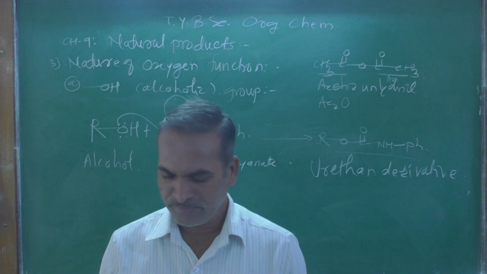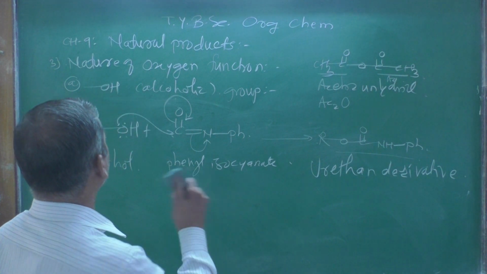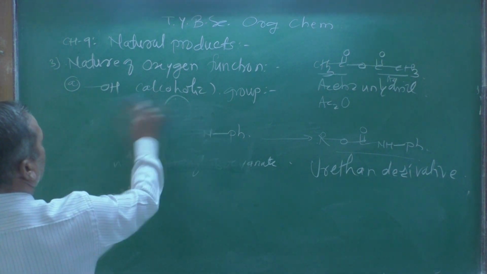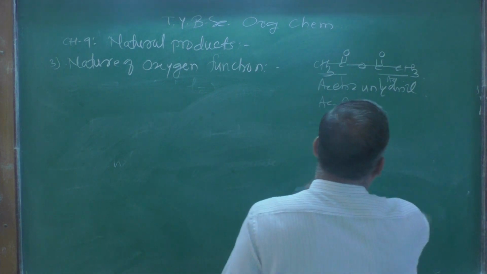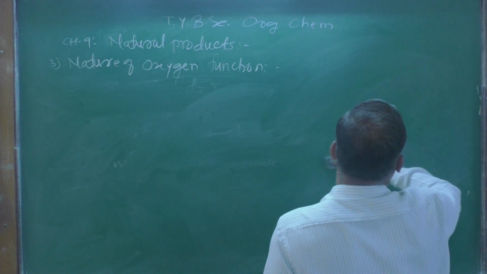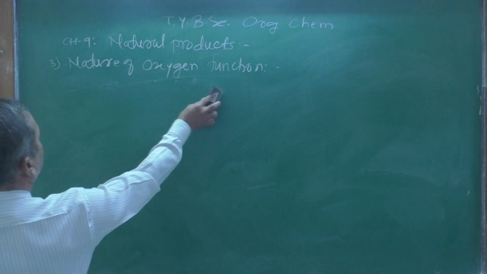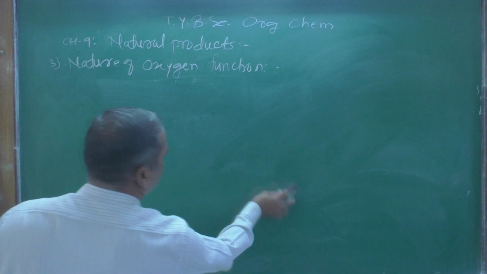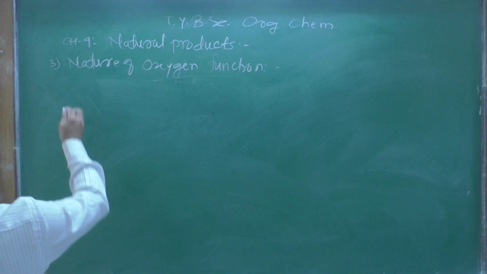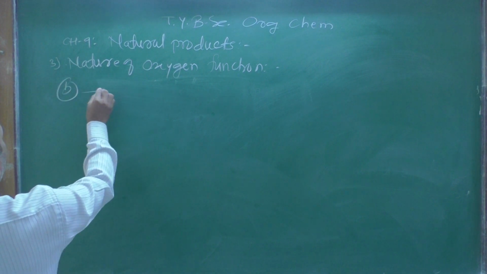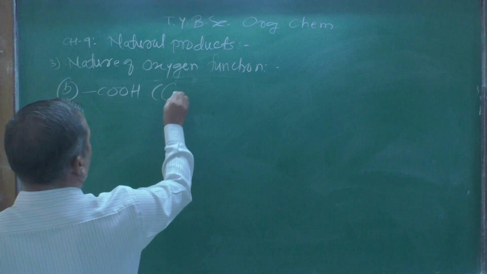So let us see, the second one is the carboxylic group. The first one we have seen was alcoholic, and now let's discuss the second group, which is COOH, known as the carboxylic group.